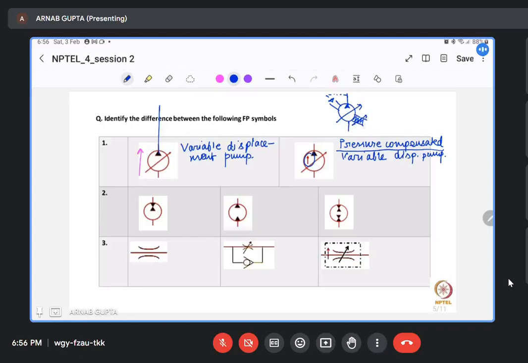So this basically means that the threshold value of the pressure is adjustable with the help of a spring, and this means that pressure is being read from this upstream line.